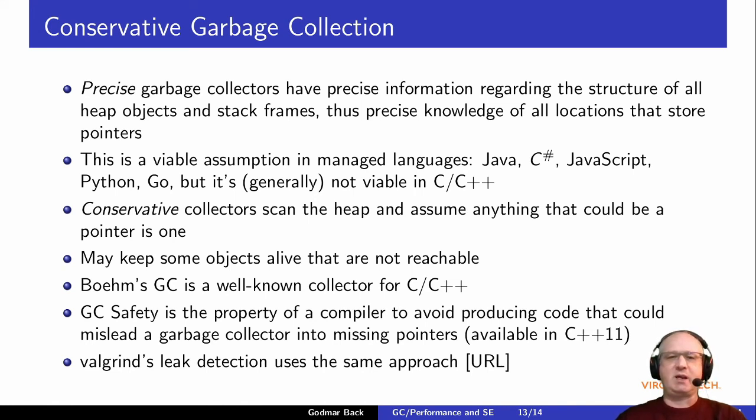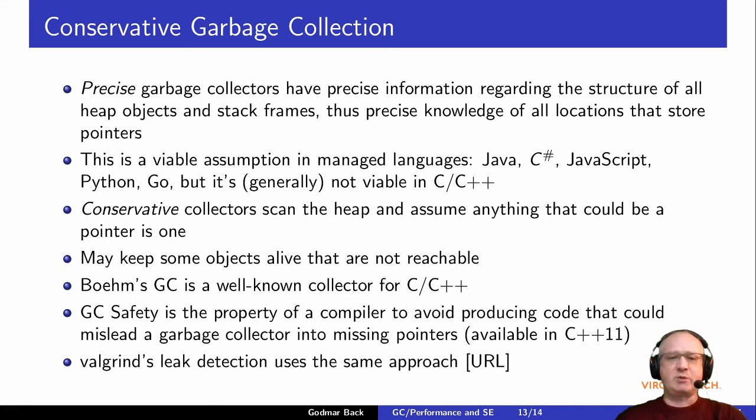So if it sees a 4-byte or 8-byte value, depending on the architecture, that has a value that could constitute an address, it assumes it's pointing to an object and keeps that object alive conservatively. So it may keep some objects alive that are not reachable, but it is compatible with languages such as C or C++, where we do not have precise information about what type is stored where.